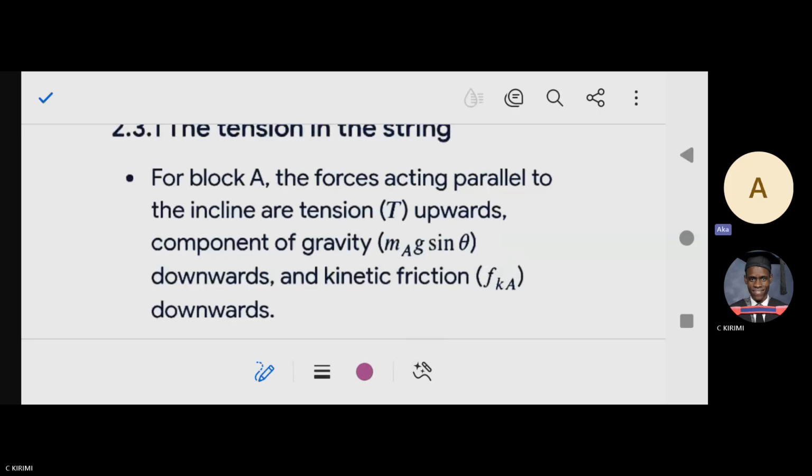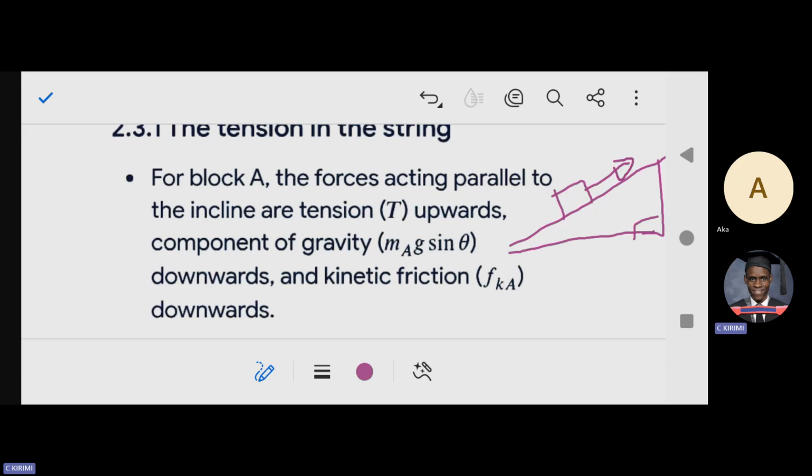It's not F, it's mg, which is the gravity. For your A here, we are talking of the tension going in that direction.